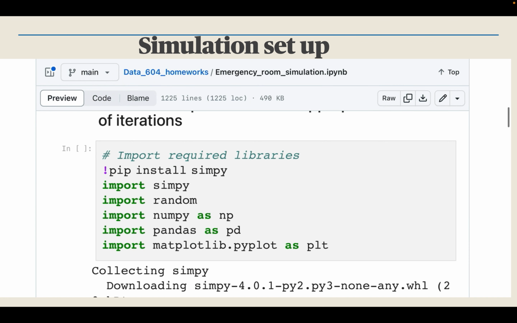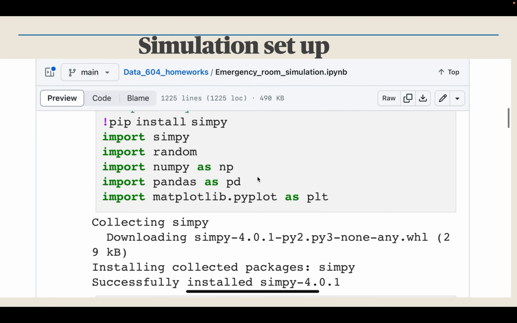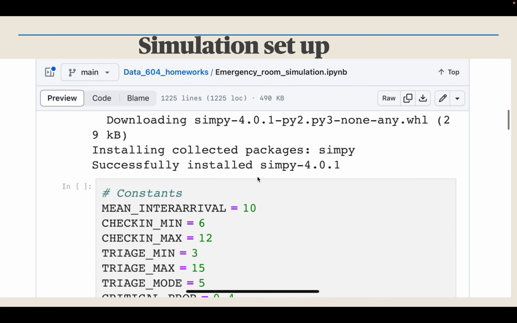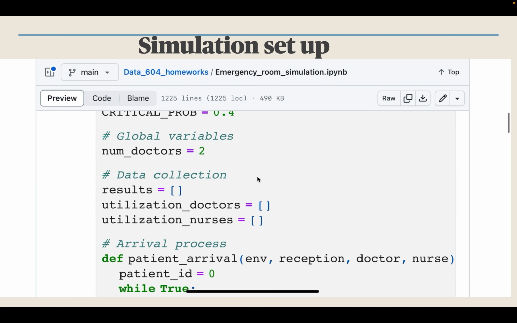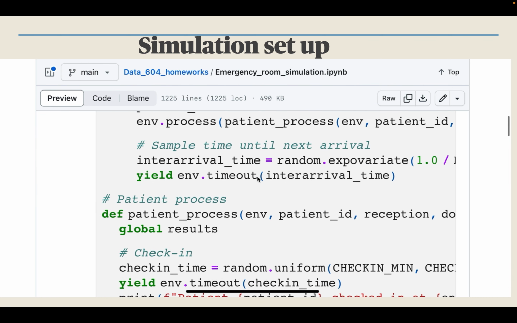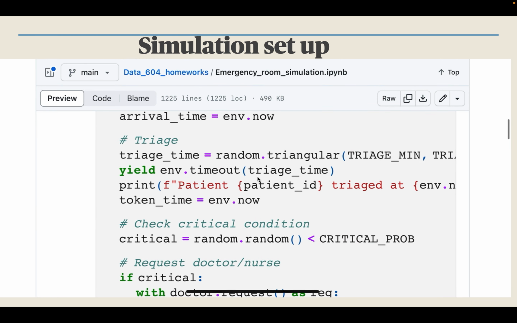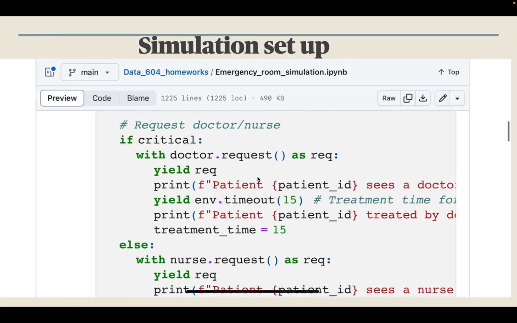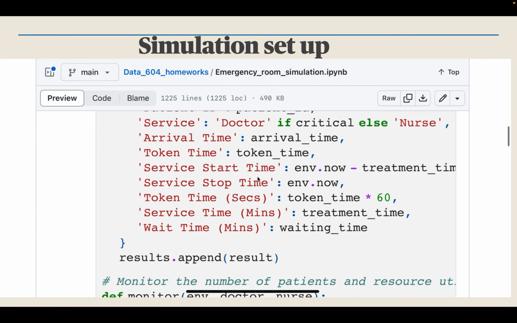So the simulation setup, you can see here, first of all, I imported the required libraries, and then we wrote the code for the simulation, which followed the flowchart. The simulation that I provided is a patient arrival and treatment simulation in a healthcare system.